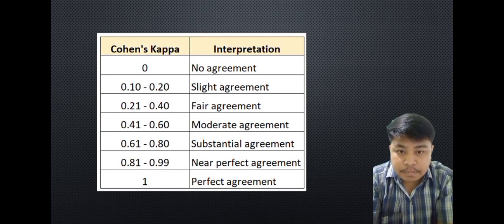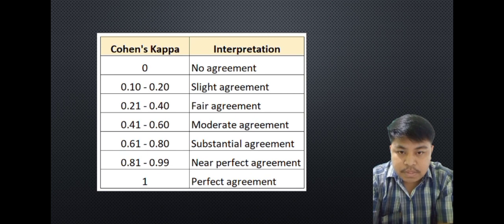The interpretation of kappa results are as follows. When the value is 0, this indicates that there is no agreement. When the value is between 0.10 to 0.20, this indicates that there is a slight agreement. When the value is between 0.21 to 0.40, there is a fair agreement. Between 0.41 to 0.60, there is a moderate agreement.